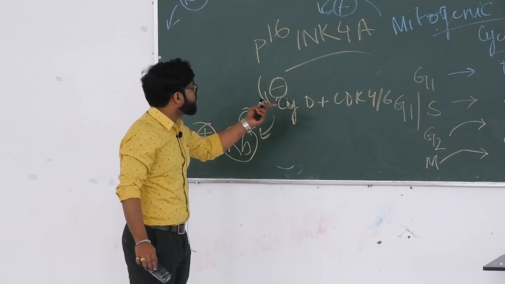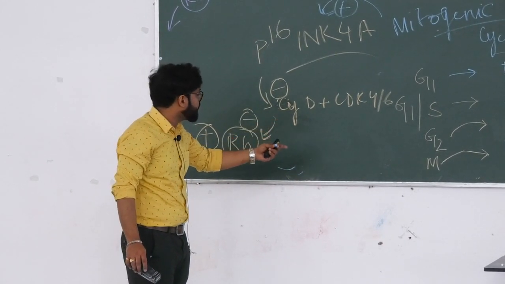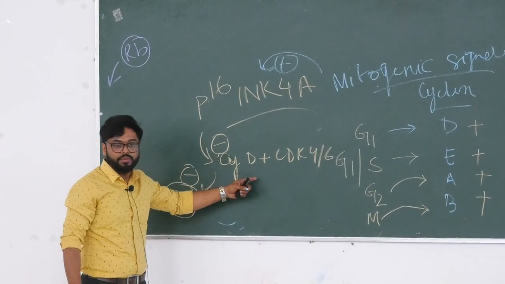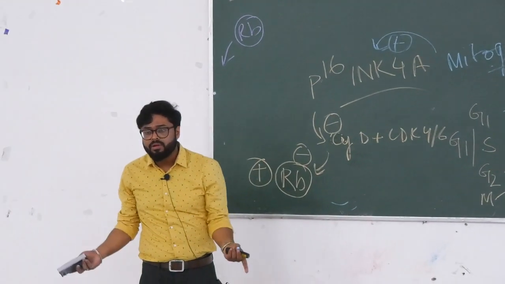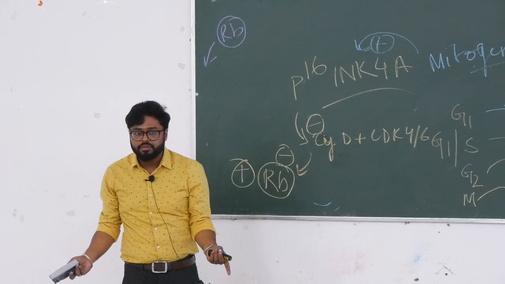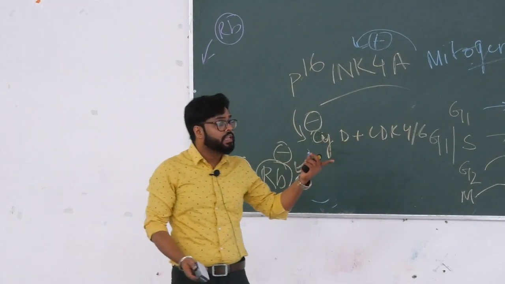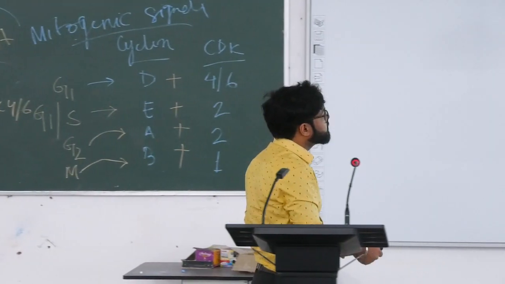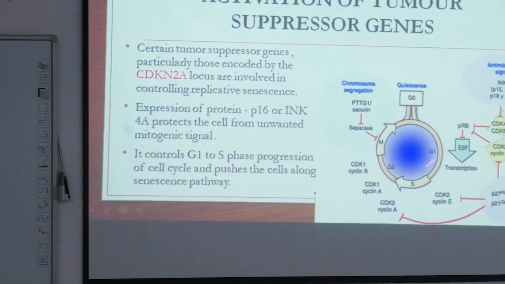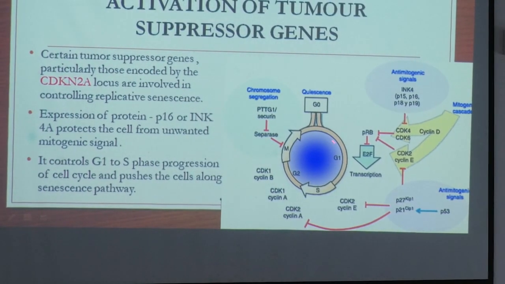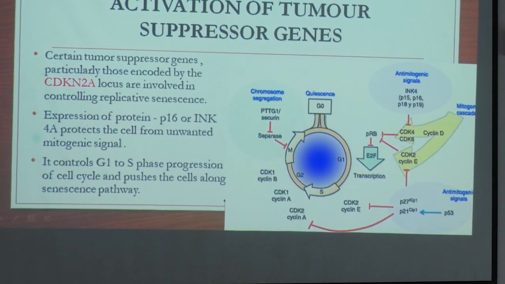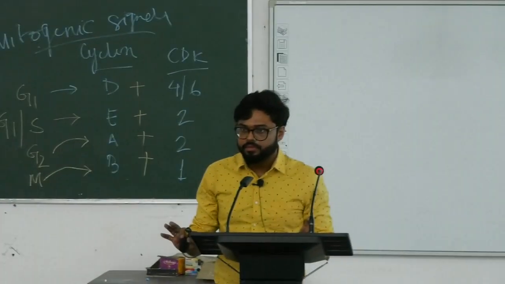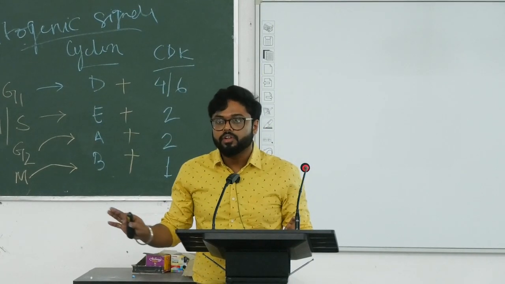This E2F actually gets activated by cyclin D and CDK4. So if this is inactive, how can it work? Thus, if there is an excessive mitogenic signal that will activate the cyclin D system, which ultimately causes the activation of retinoblastoma, and the unwanted signal cannot enhance cellular growth. How clear is the concept?